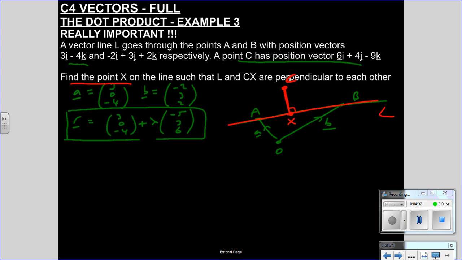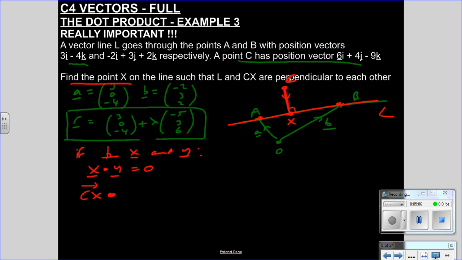How do we translate that into maths? What do we know about the dot product, about perpendicular dot products? If X and Y are perpendicular to each other, we know that the dot product is 0, don't we? That theory is going to help. Let's translate what we've got here. We're saying that C to X dot, now what can we use for the line?